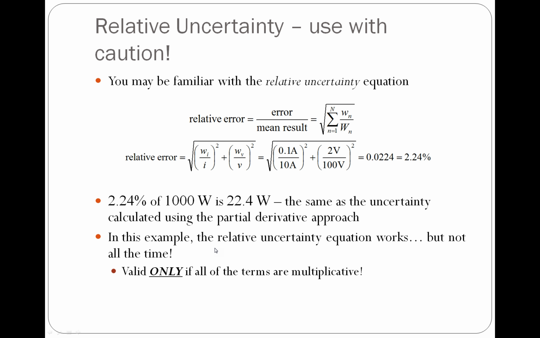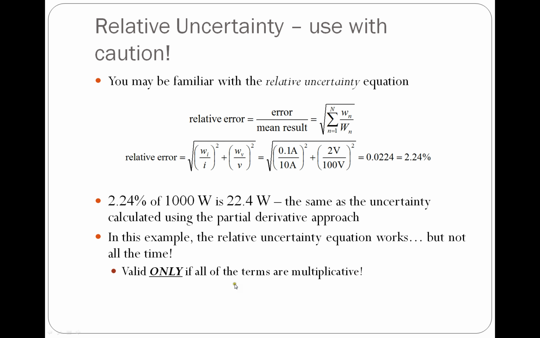But this works in this example only, or in similar examples, but it doesn't work all the time. The reason that we have to employ the partial derivative method is because the partial derivative method always works. I know it's a pain, I know it's not what you want to hear, but the partial derivative uncertainty method always works. The relative uncertainty method works only if all of the terms in the equation are multiplied and divided.